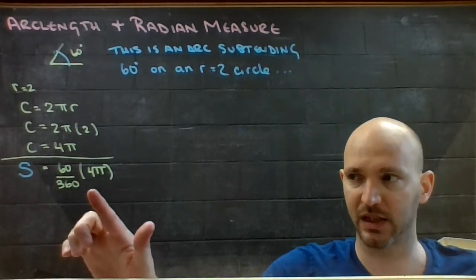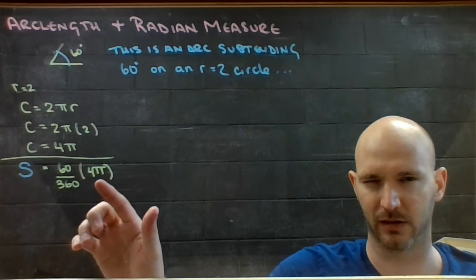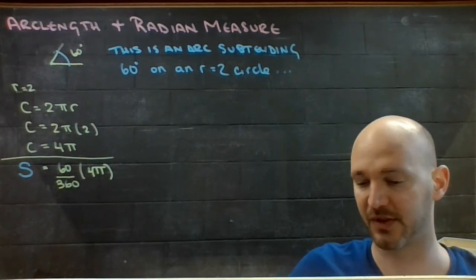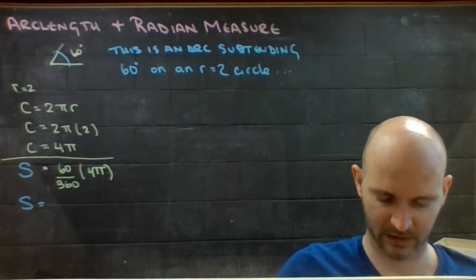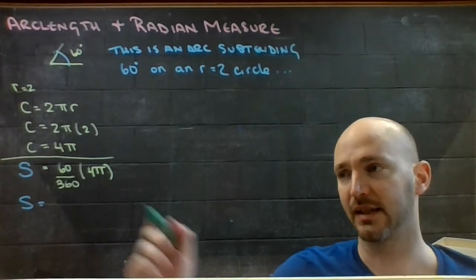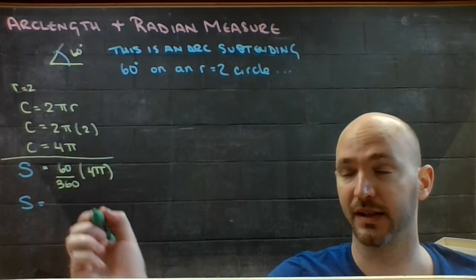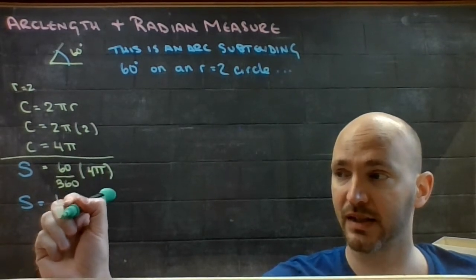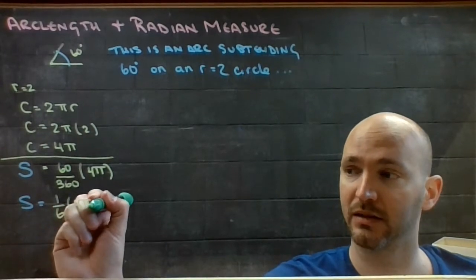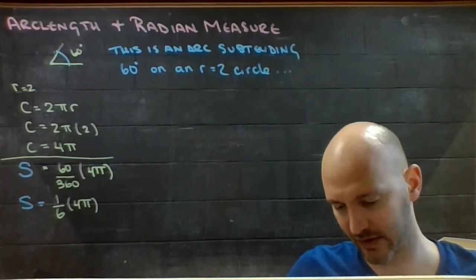Now it looks a little complicated there. So I'm just going to reduce that fraction. 60 divides evenly into 360 6 times. So this fraction is the same as 1/6 of 4 pi. So it's a little easier to see there.